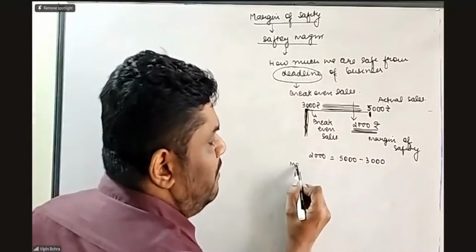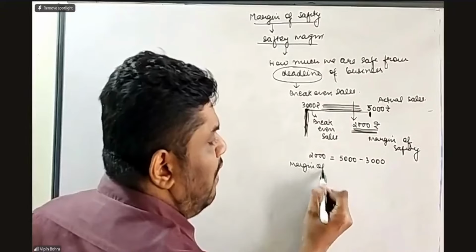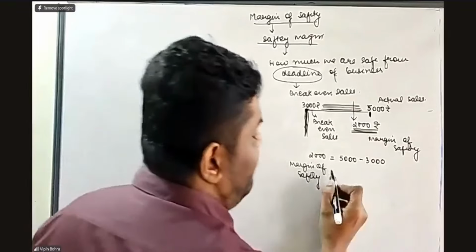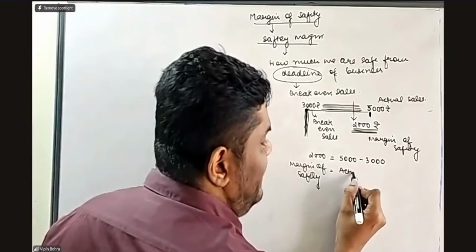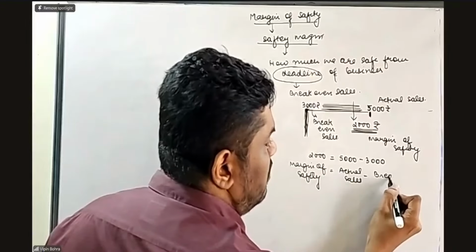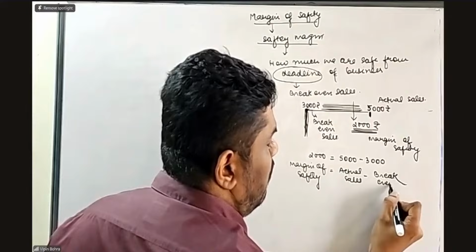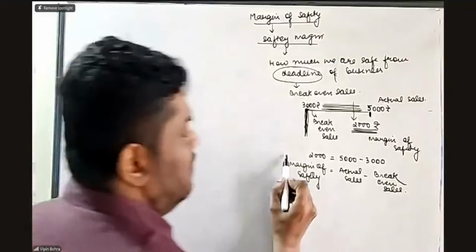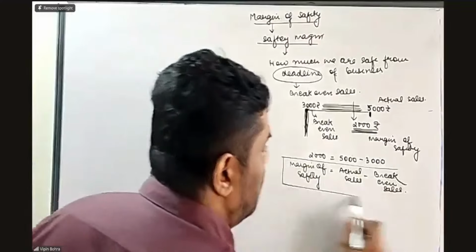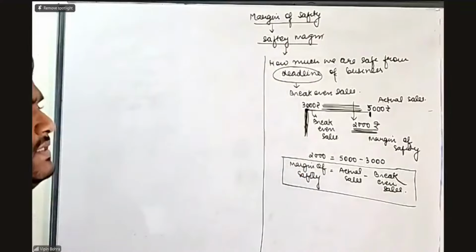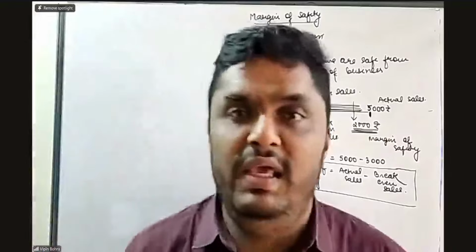So when talking about margin of safety, it is actual sales minus break-even sales. Margin of safety is actual sales minus break-even sales.